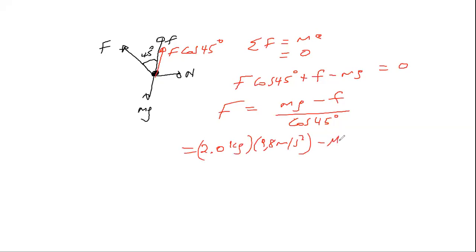The friction coefficient is not given there, so we just leave this as friction. So this side minus friction, all over cos 45. If the frictional force was given here, then we know the frictional force is also equal to the component of the force.